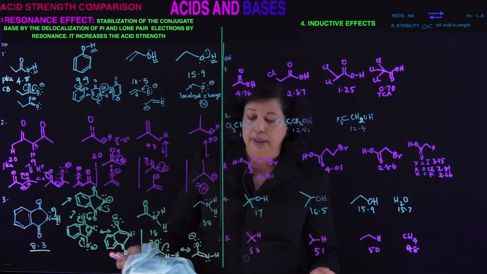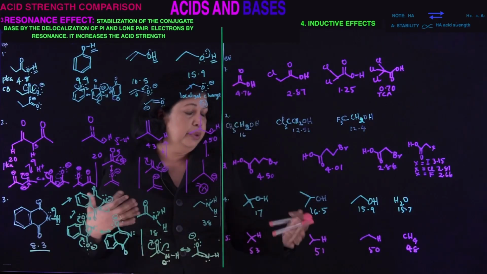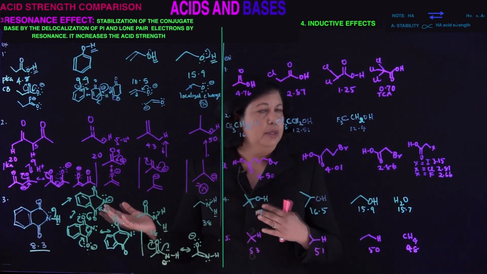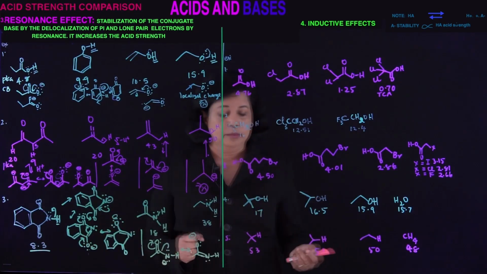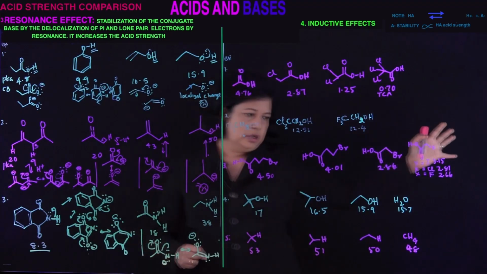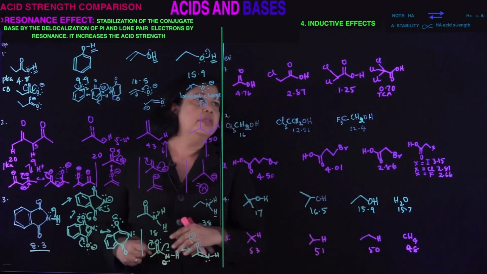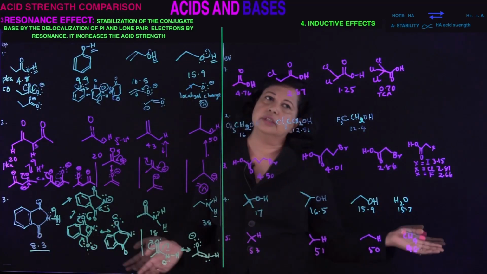Because externally you may be in a nonpolar solvent, so you don't get that stabilization in your environment, so you're trying to do it internally within the molecule. So the more you can take the charge on that electron and move it along the bonds inside the molecule and spread it, the more stable your anion is going to be.